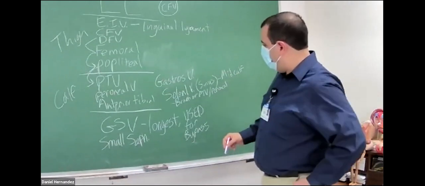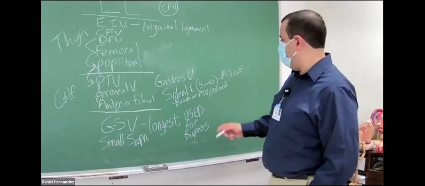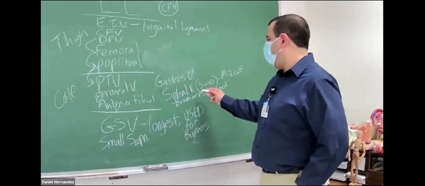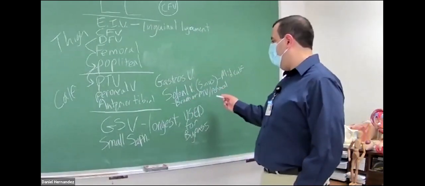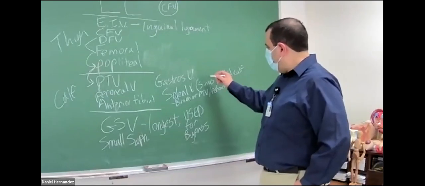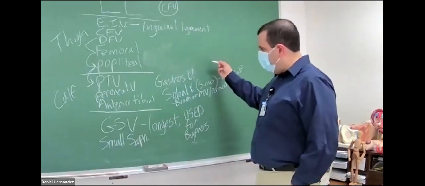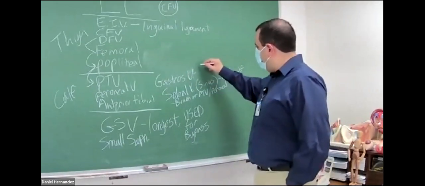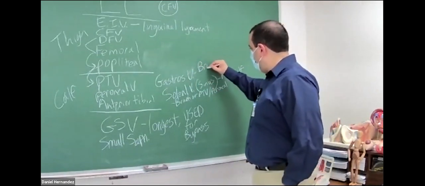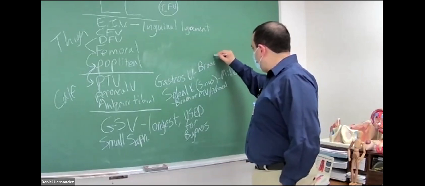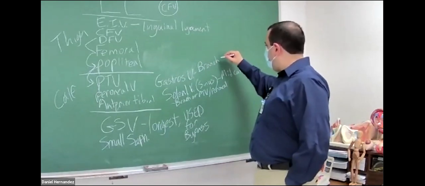It's located within the actual soleal muscle, which is a muscle of the calf. That's where the majority of these vessels in the calf get their name. So then the gastrocnemius vein is within the gastrocnemius muscle, and this one is a branch off of the popliteal vein. You'll see its origin when you're in that popliteal fossa behind the knee.